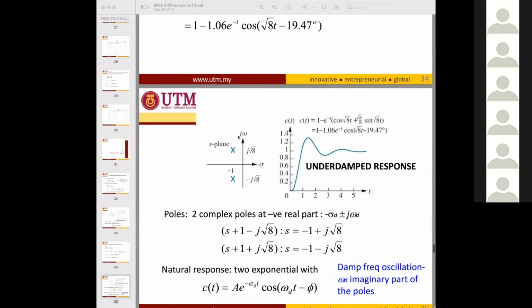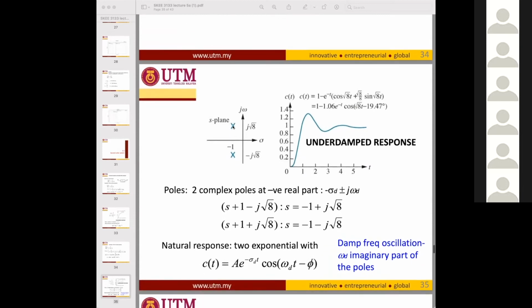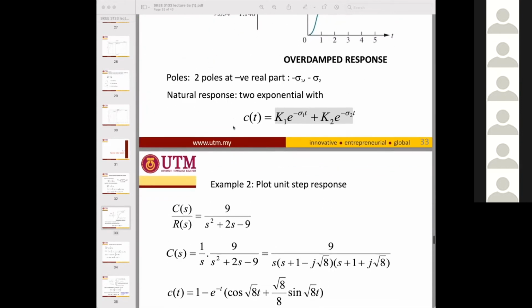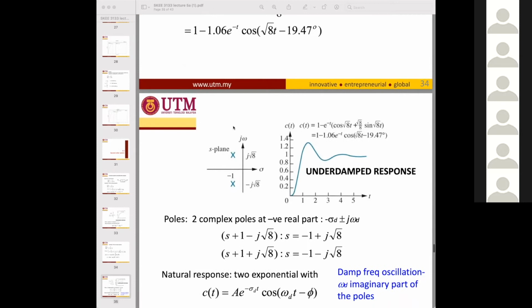So the location of the poles is here. It's not on the real axis. It is a pair, positive and negative imaginary. The real part is the same, -1, but the imaginary part is different, which is minus 2.83j and positive 2.83j.